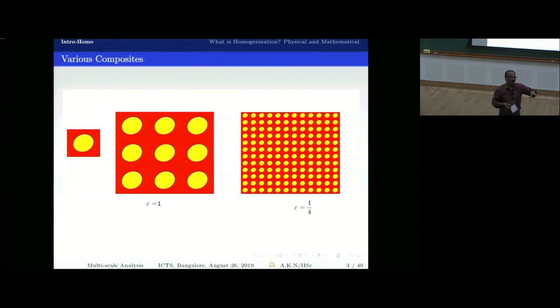Copper may have some property, gold may have another; say you want to understand the thermal conductivity of the material. Copper may have some thermal conductivity, gold may have some other conductivity. When you mix them, depending on the way you are mixing, you are going to hear this word microstructure. Depending on how the copper sits there, the property, what we call the effective property, changes. So homogenization is all about determining this effective property.